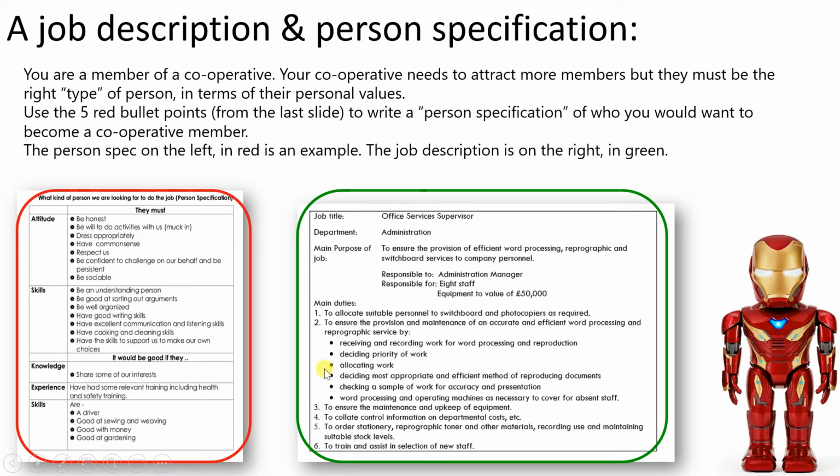If we then look at number 4, they are committed to education and training of their members, other people who have invested, and employees, who are the people who get paid to work in the cooperative. So that is a main duty as well, because they're looking at professional development of other members and of the employees. So we can break that down in terms of training, educating, supporting each other.